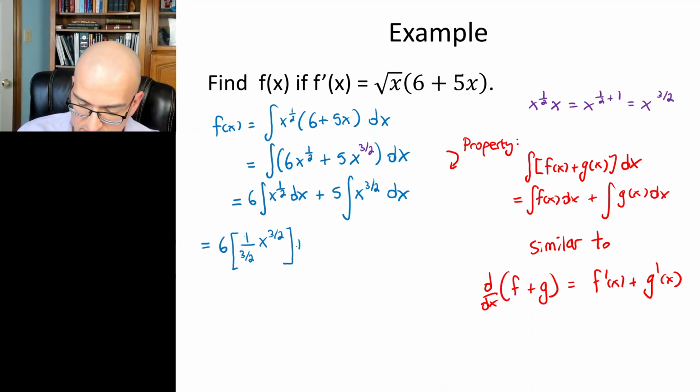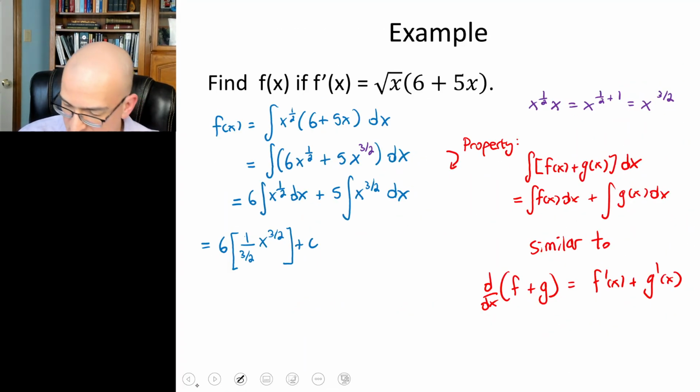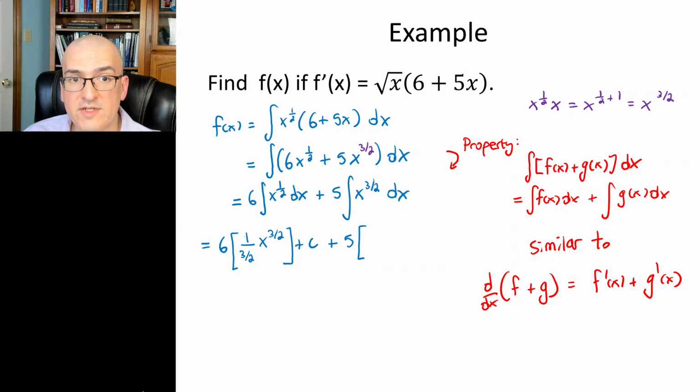Plus c. So I'm just going to skip this. Oh, did I put a plus c here? Yes, okay. I'm going to skip the step again of putting 6 times c is just a different color, c. And then plus, now I have another antiderivative, 5, and then we're going to add 1 to the power. So we'll have 3/2 plus 1, which is 5/2.